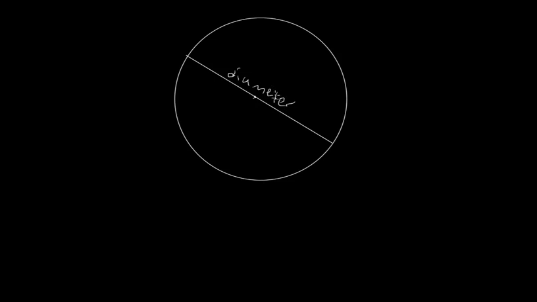Then the diameter divides the circle into two half circles known as semicircles. I believe you know what a semicircle is.